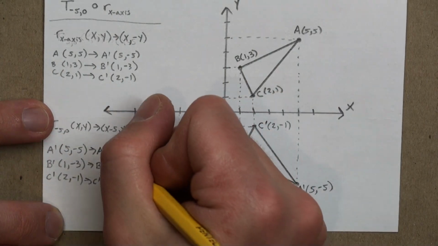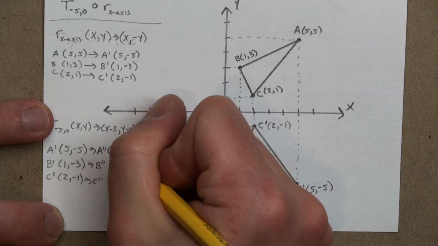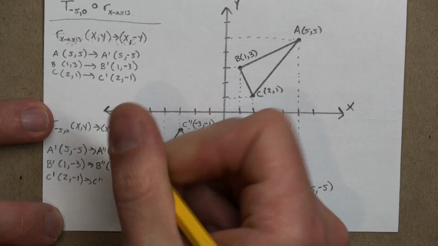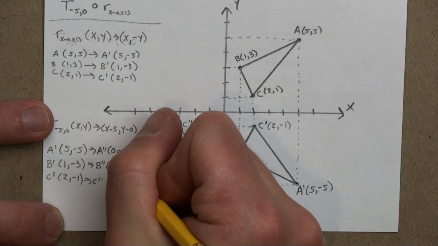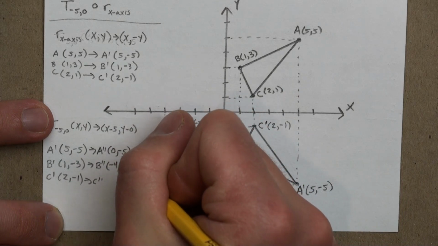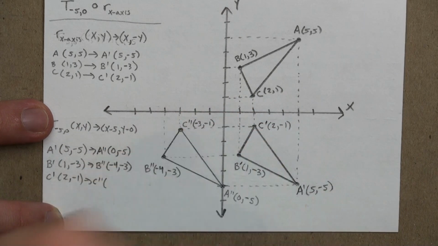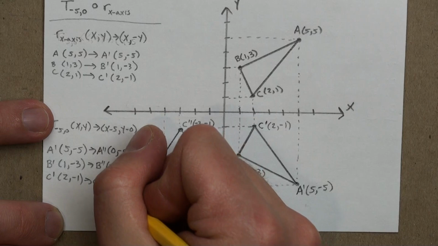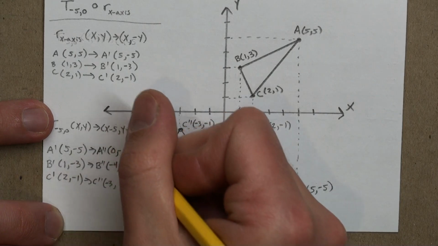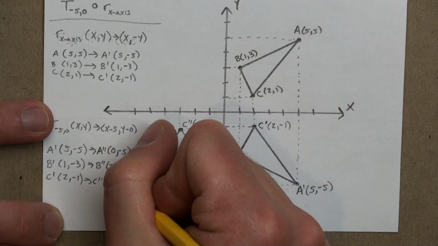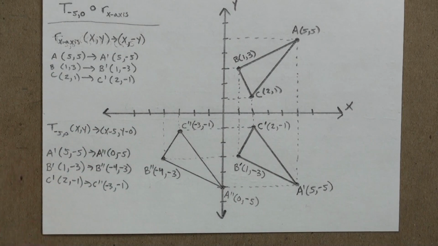So 5 minus 5 was 0, and negative 5 minus 0 was negative 5. 1 minus 5 was negative 4, and negative 3 minus 0 is negative 3. And 2 minus 5 was negative 3, and negative 1 minus 0 is negative 1. Okay?